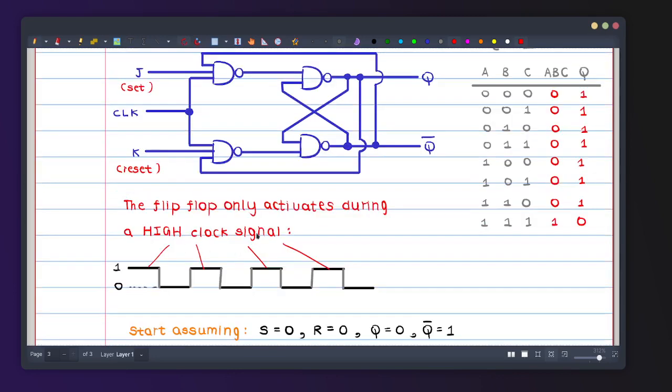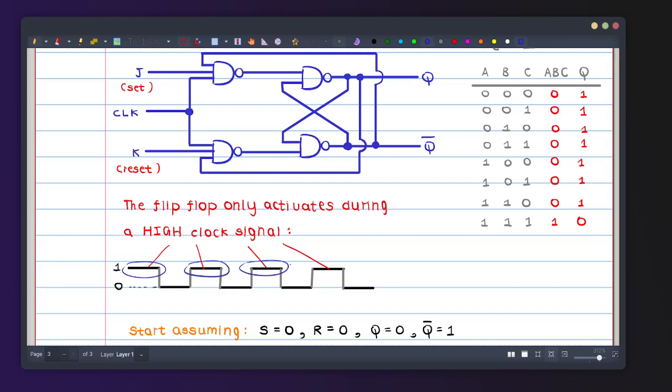So taking a look at the clock signal, what it exactly is, like I said, the flip-flop only activates during a high clock signal. So the clock is ticking, and since this is a digital clock, it's ticking 1, 0, 1, 0, 1, 0, and so on. So what this idea means is the JK flip-flop only activates when the clock signal is high.